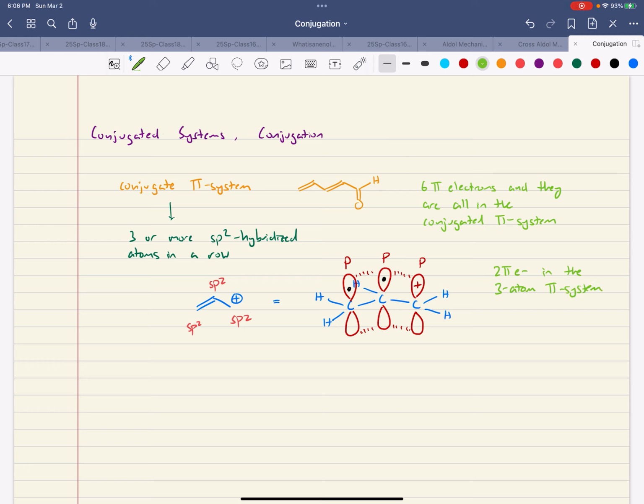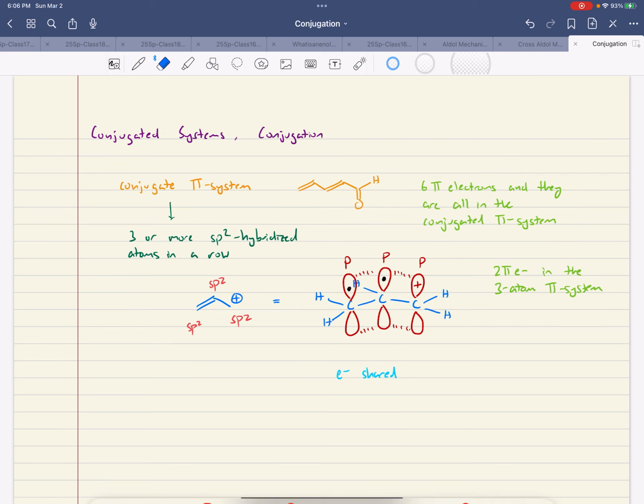So why is that important? The pi electrons are shared between, in this case, 3 atoms.